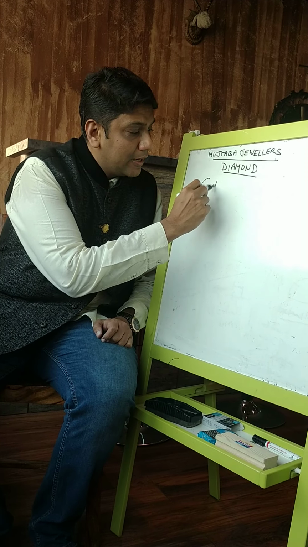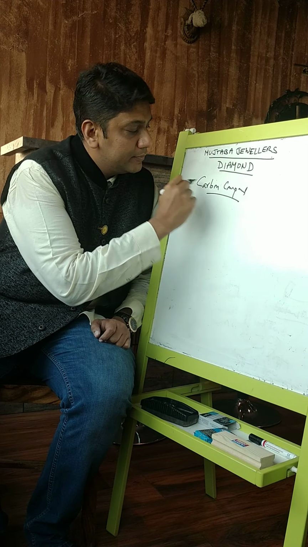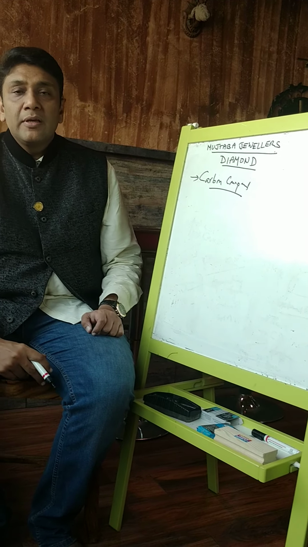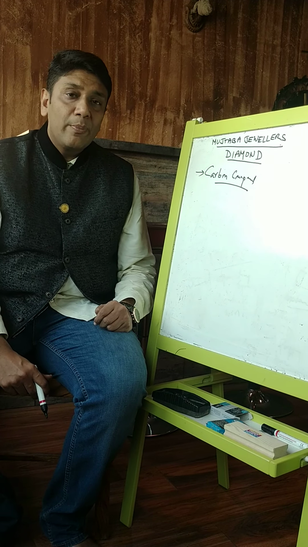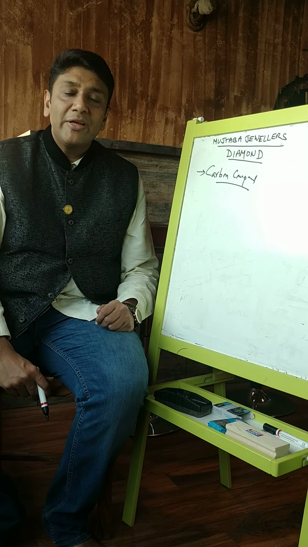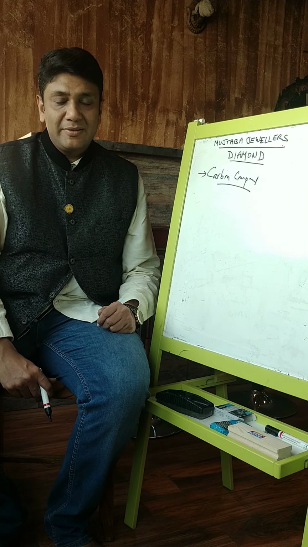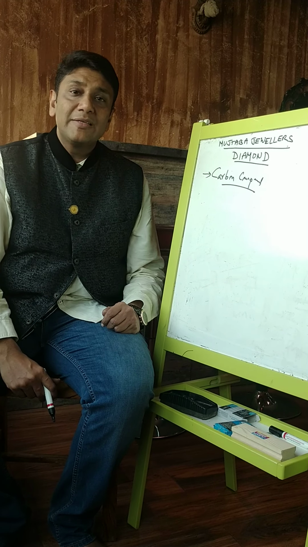Diamond is a carbon compound. What do you mean by carbon compound? A carbon compound is a compound which has the strongest bonding within its atoms. So it means the hardness of a diamond is very high.